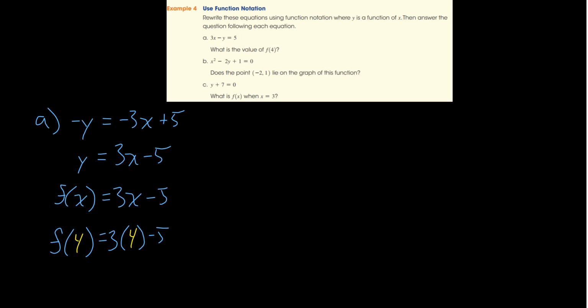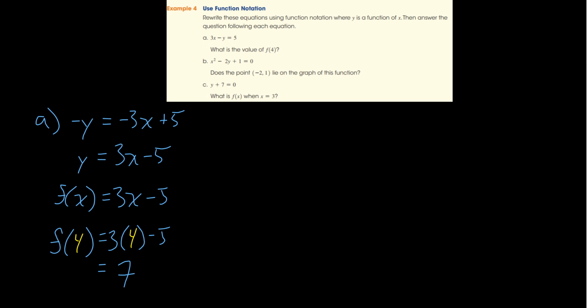Ooh, man, my 5s are getting killed today, aren't they? All right, so anyways. 3 times 4 is 12. 12 minus 5 is 7. So f of 4 is just equal to 7. And that's it. I evaluated the function at this value, f of 4, and then I just did the arithmetic. 3 times 4 is 12. 12 minus 5 is 7.